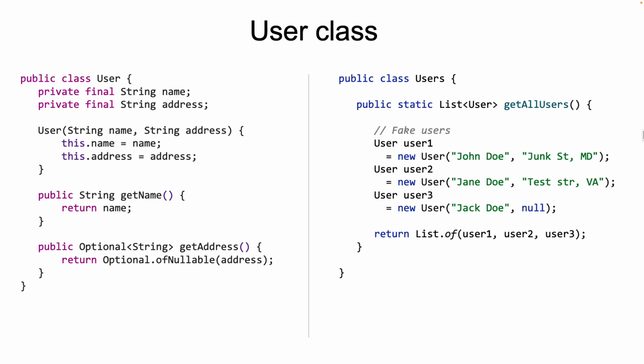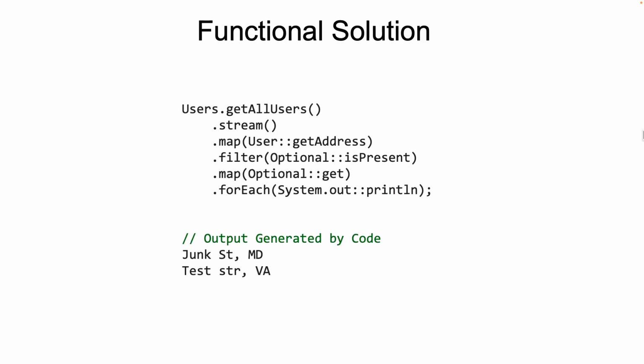Now let's implement the use case to display all of the user addresses if they are available. That means they are not null. Very simple. Now we could do this in a functional style. First, we get all the users by calling the getAllUsers method. We then create a stream out of the list object. We use the map method to get a stream of Optional String.